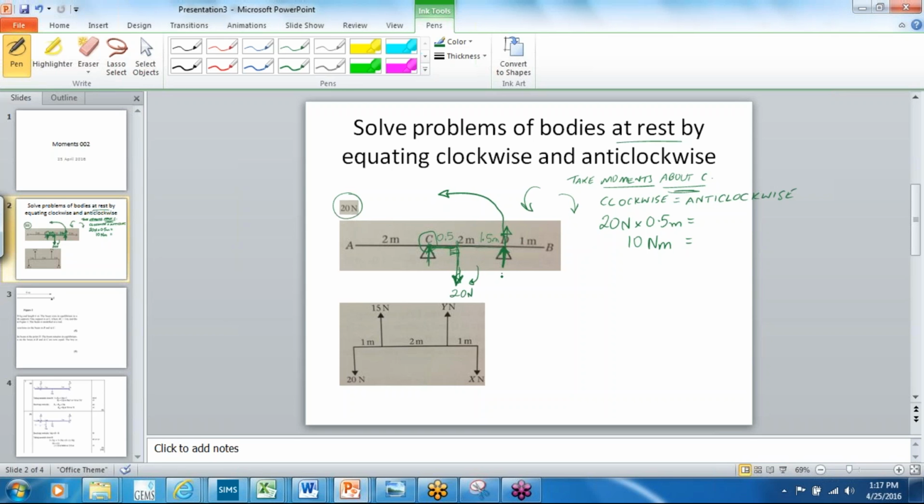And the force, we don't know that. We'll call the force of D times the distance of 2. So 2FD equals 10, and we can find the force at D simply by dividing by 2, 5 Newtons. So here we have a 5 Newton force acting on the bar by the stand.